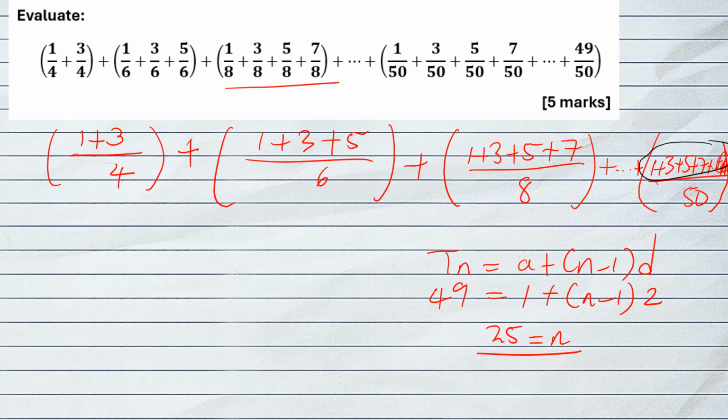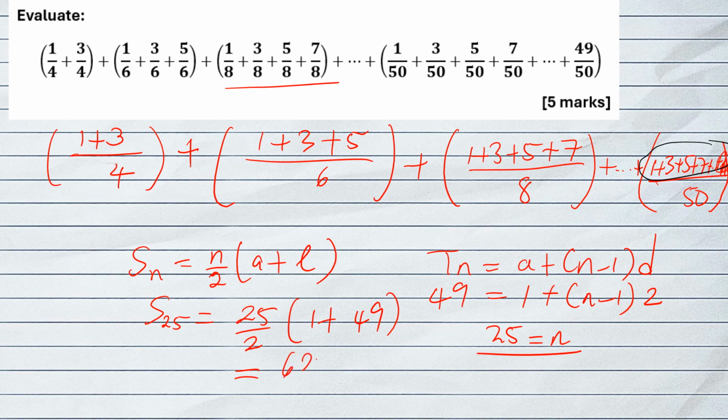Then we can now get the sum of those 25 terms. So Sn equals n over 2 times a plus the last term. For the sum of 25 terms, it will be 25 divided by 2, our a is 1, and our last term is 49. Then we can get the answer. Punching this on the calculator, you get an answer of 625.